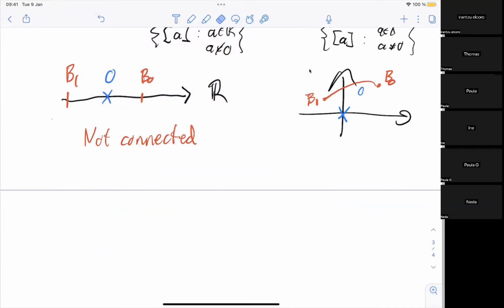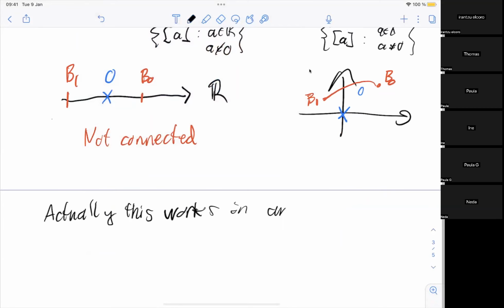So this is the easy picture, but actually this works in any dimension.